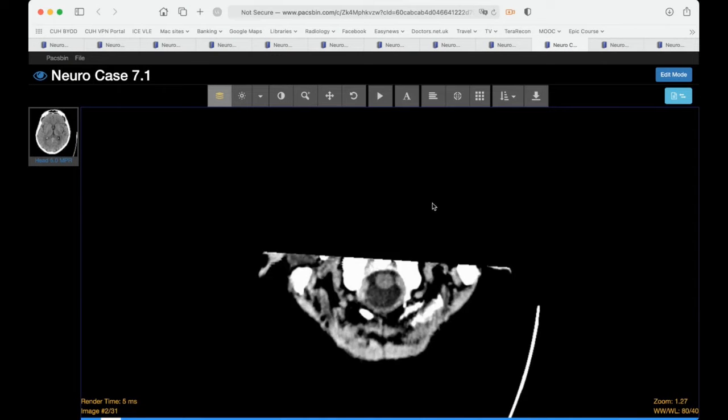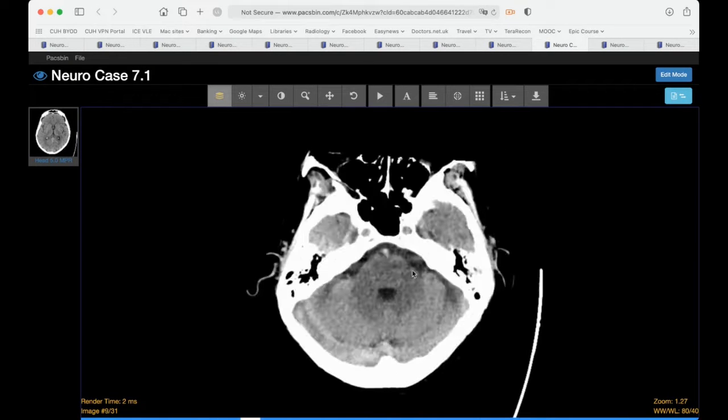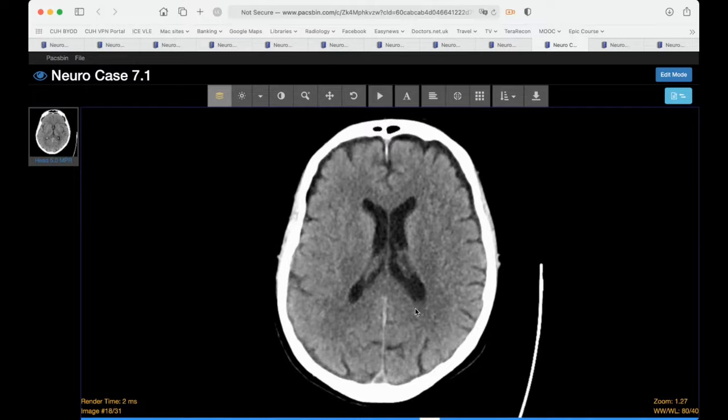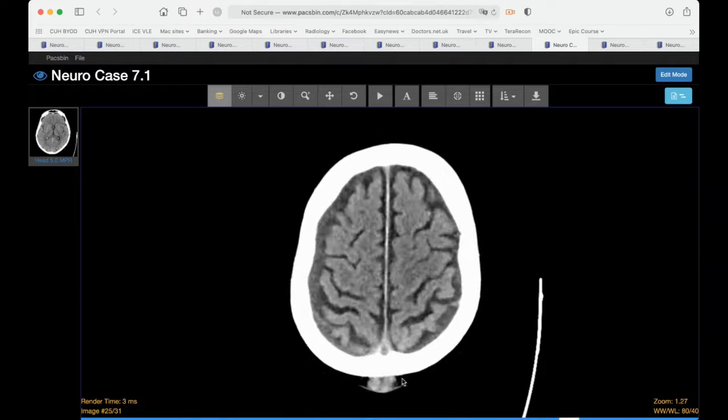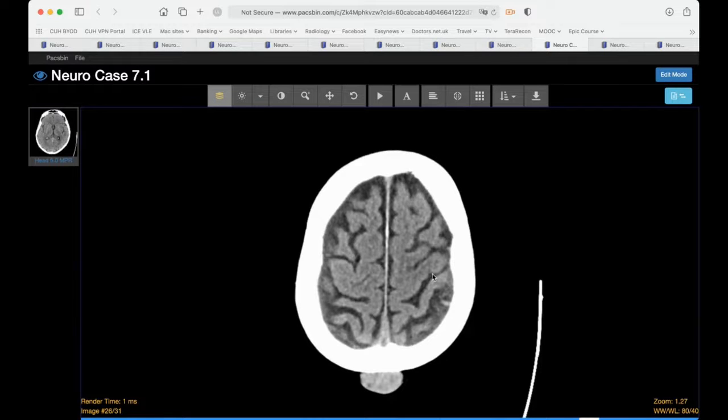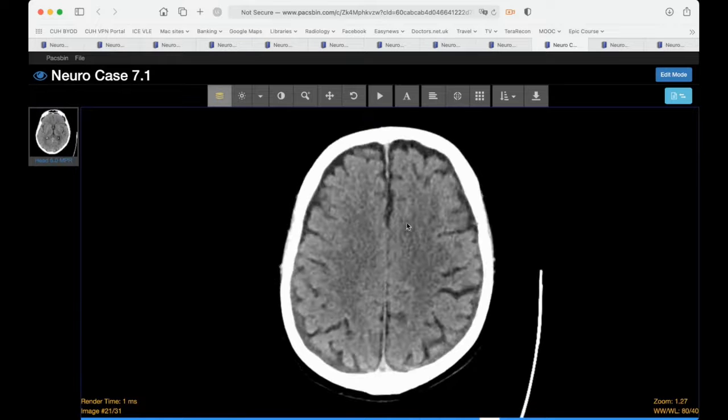What you will see first is just a plain CT scan. You can already see shallow subdural collections over both convexities here.